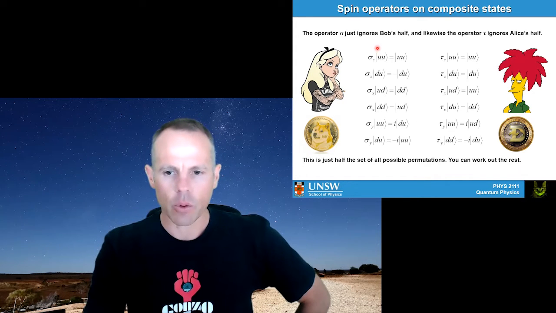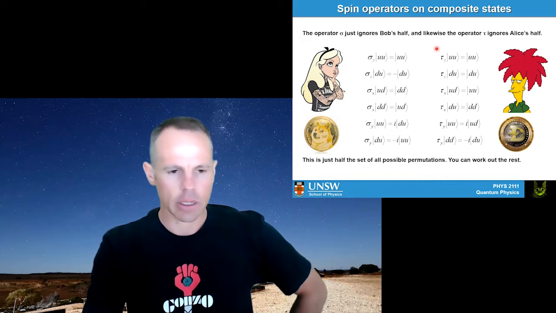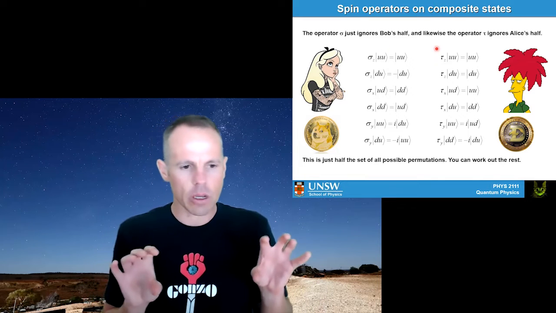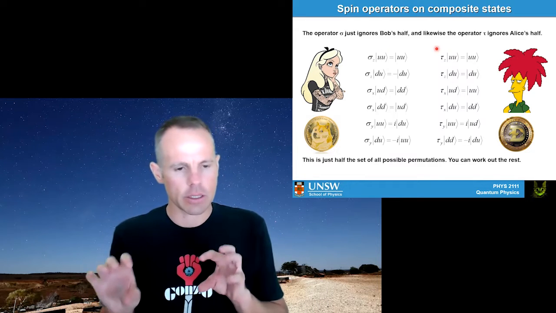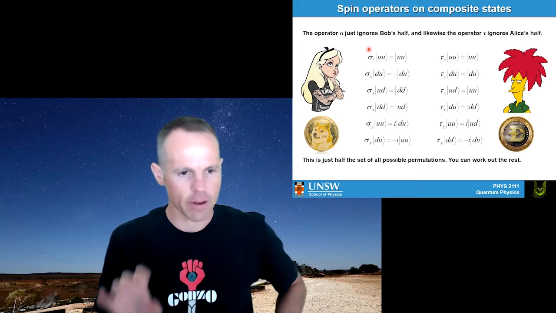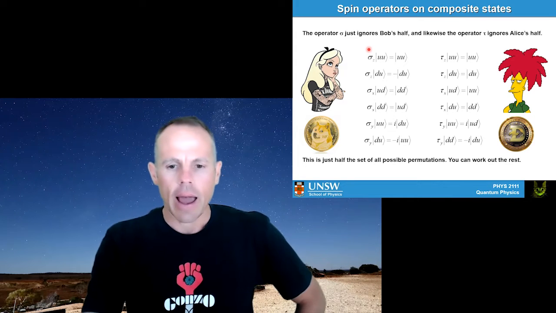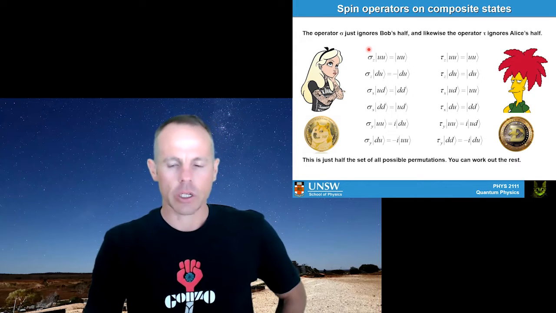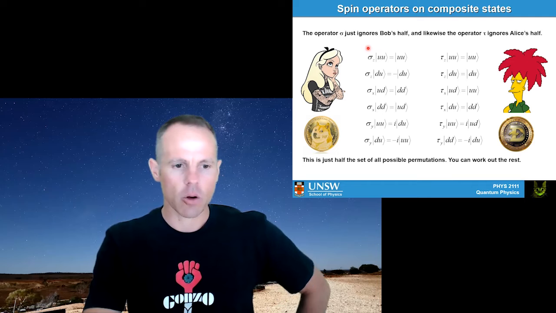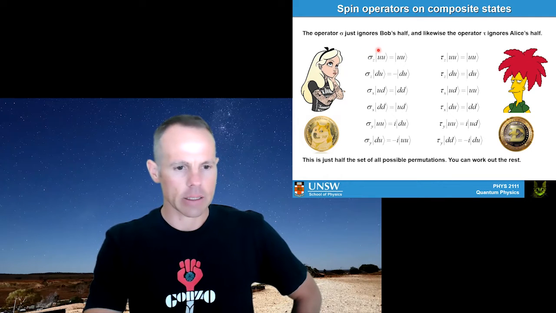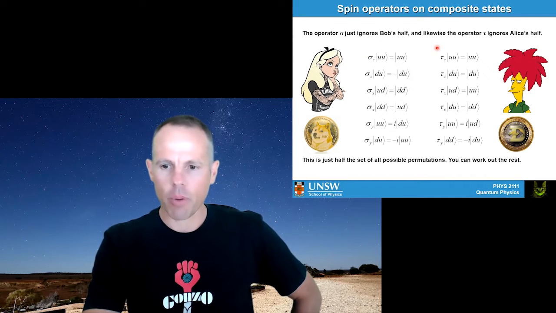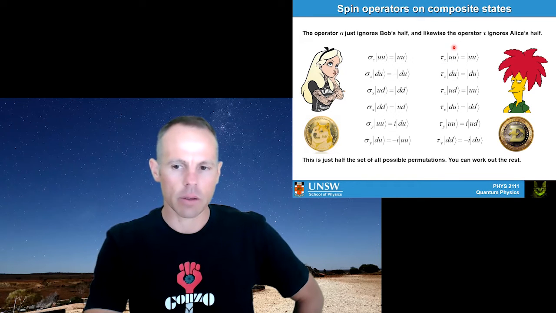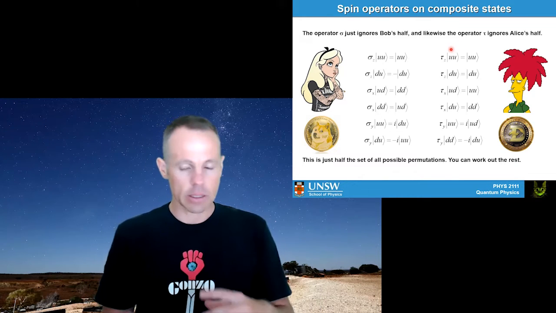The first label is connected to Alice, and the second label is connected to Bob. And we can apply measurements to this, by running a spin operator on it. There's one rule that goes with this, which is that Alice's spin operators will only act on Alice's elements in the combined state, and Bob's spin operators will only operate on Bob's elements in the combined state.